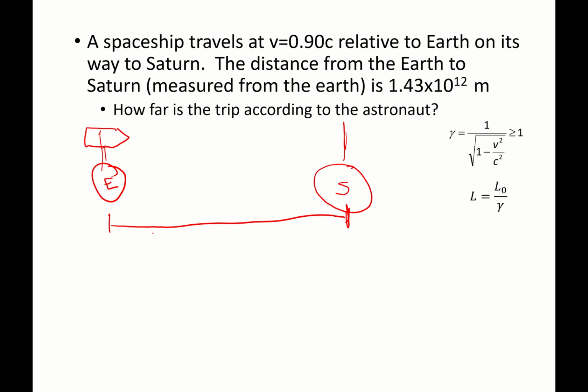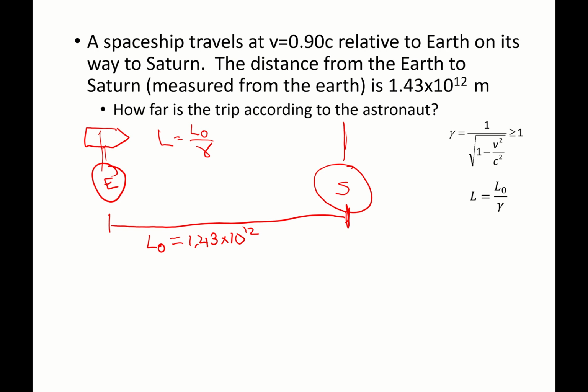So the proper length, L0, is the 1.43 times 10 to the 12 meters. And so we are asked to calculate what is L. And L is L0, which we know, divided by gamma. So we need to calculate gamma.